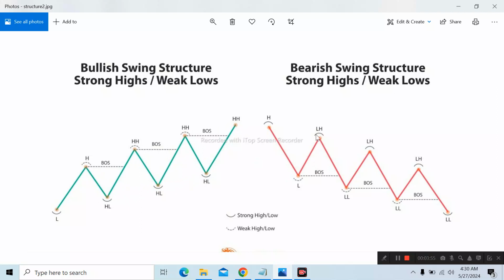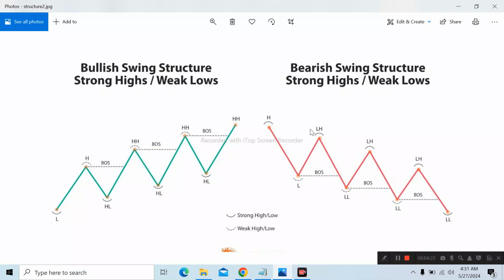Now, same for the bearish. From the high to the low, a retracement back up creates a lower high. We have our break of structure here. So when you see it this way, from the high to the low, from the low it creates a lower high, breaks this low here and forms another lower low, and then retraces back to create another lower high, in the same manner.